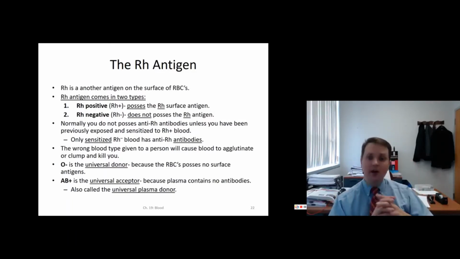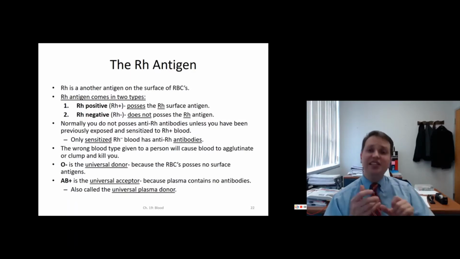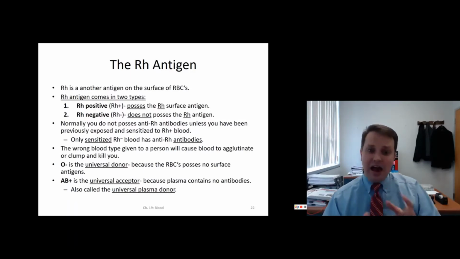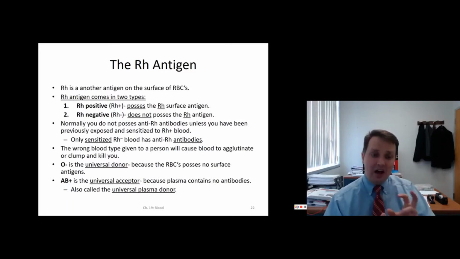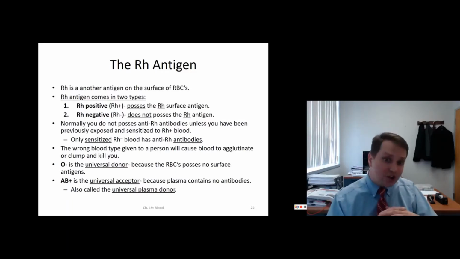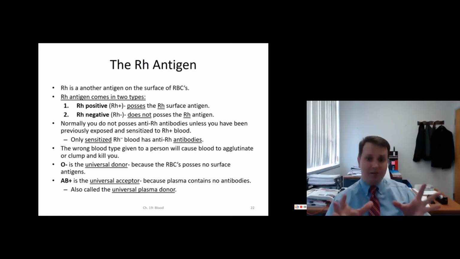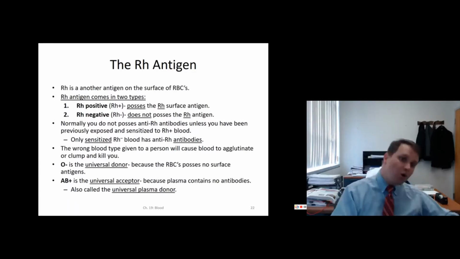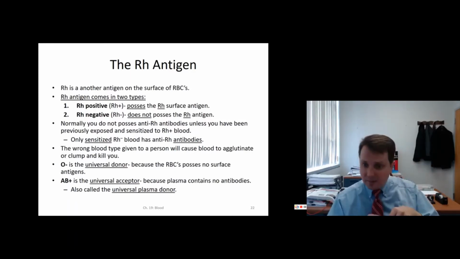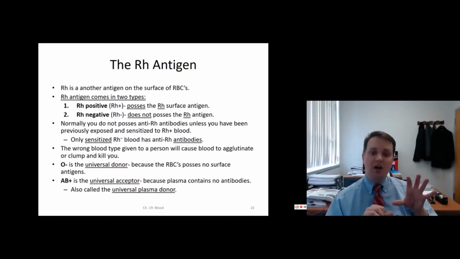Okay? Important. Because these are made the same way you make antibodies against a virus or bacterial infection, they make a lot of them and they can kill you. The wrong blood type here can cause severe reactions, even more so than ABO incompatibilities. So they tend to be a little more dangerous.